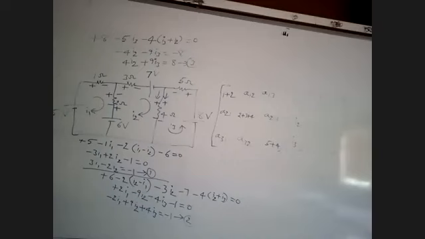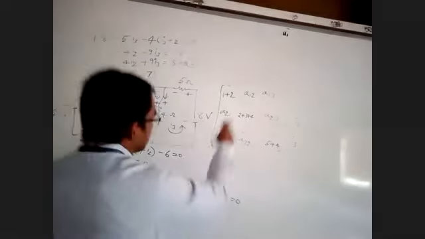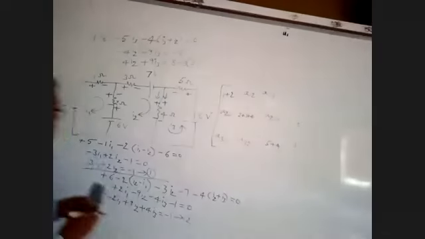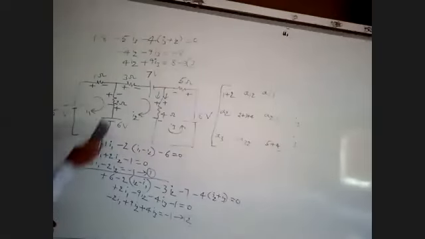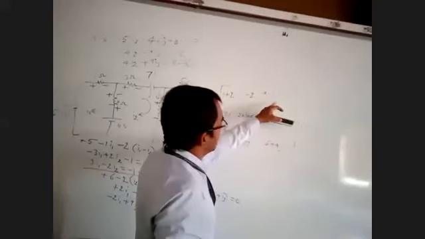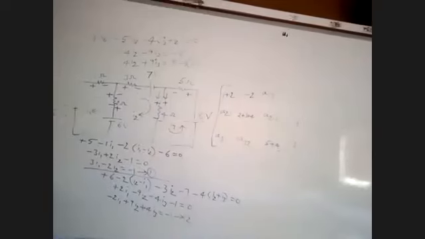Okay. Now come to the common elements. First loop and second loop: the common element has opposite directions, so it is negative, minus 2. First loop and third loop: what is the common element?